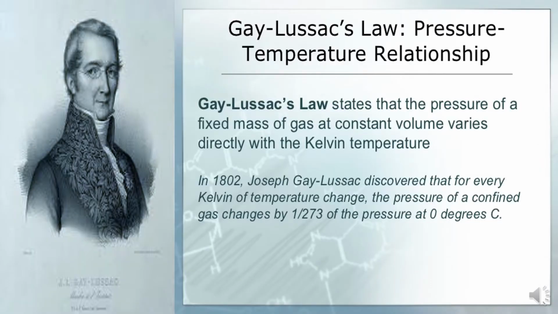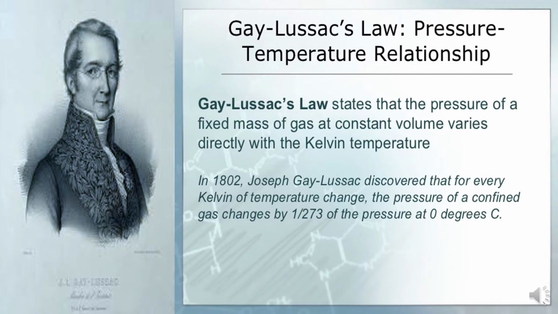The third law is called Gay-Lussac's law, and it is a pressure-temperature relationship for a gas at a fixed volume. Gay-Lussac stated that the pressure of a fixed mass of a gas at constant volume varies directly with the Kelvin temperature.